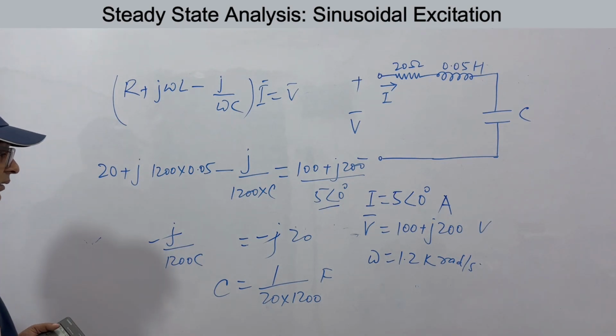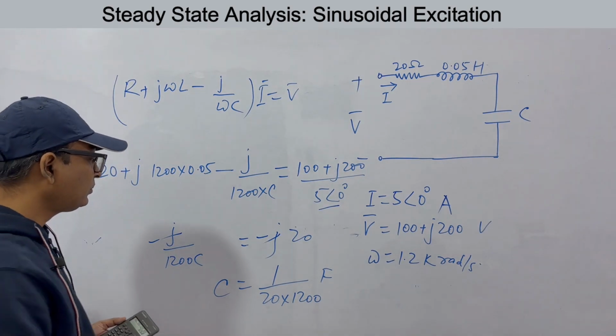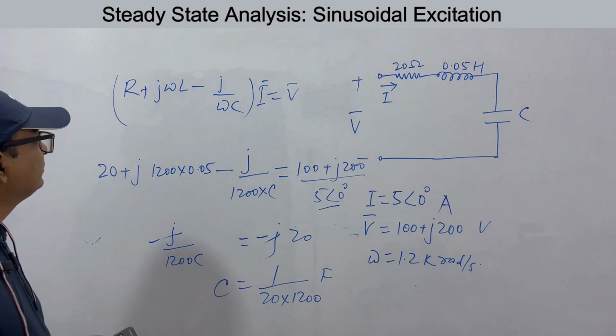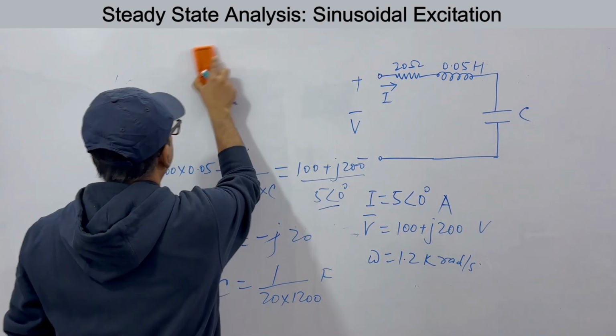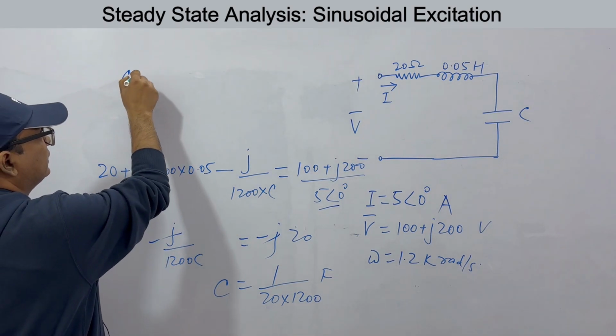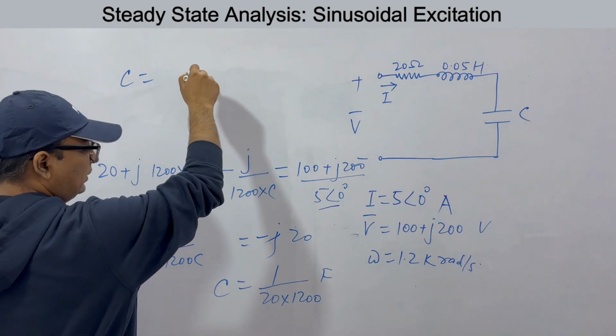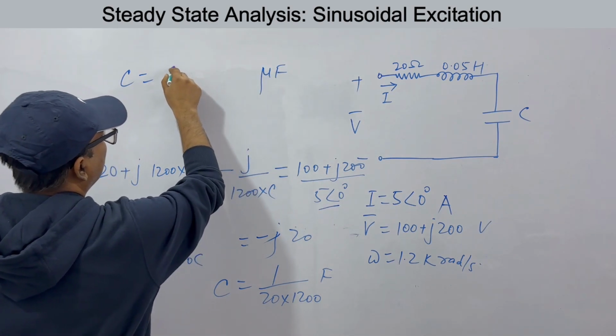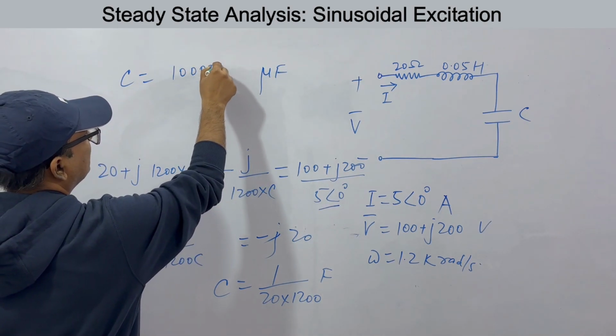So what is this quantity? C, let's say we take in microfarads, so we'll have 6 zeros.